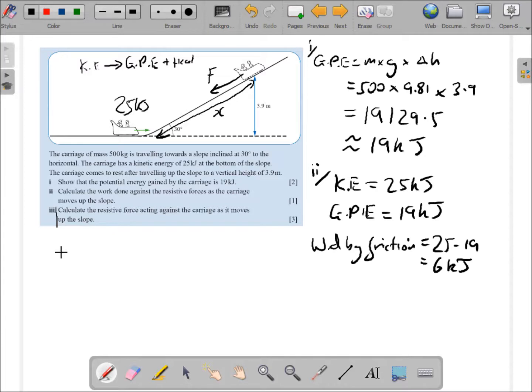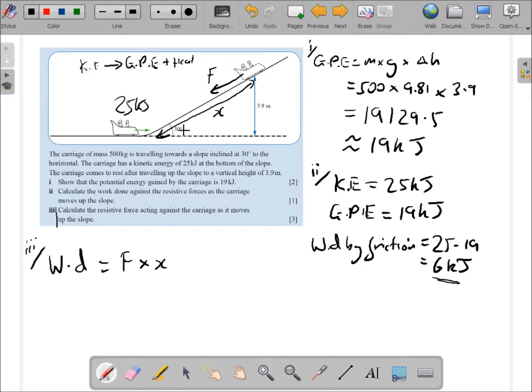So we can use the work done equation just using this amount of energy here. We know that that's the amount of energy that went into the frictional force. That's the force, that's the distance. We can use work done, this is part 3. Work done is the average force F times the distance x.